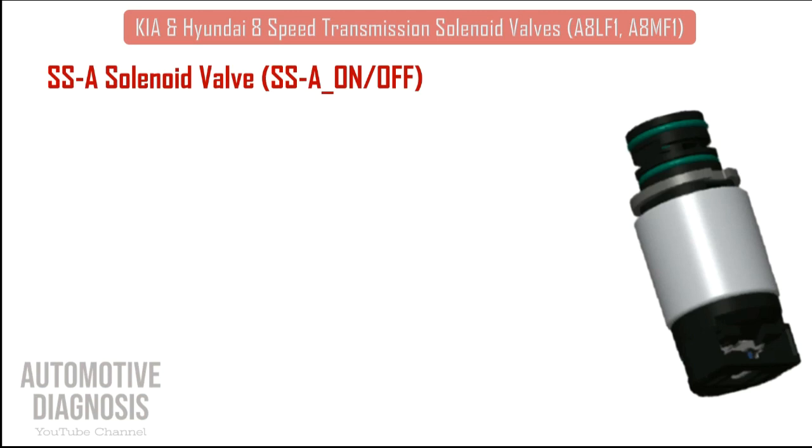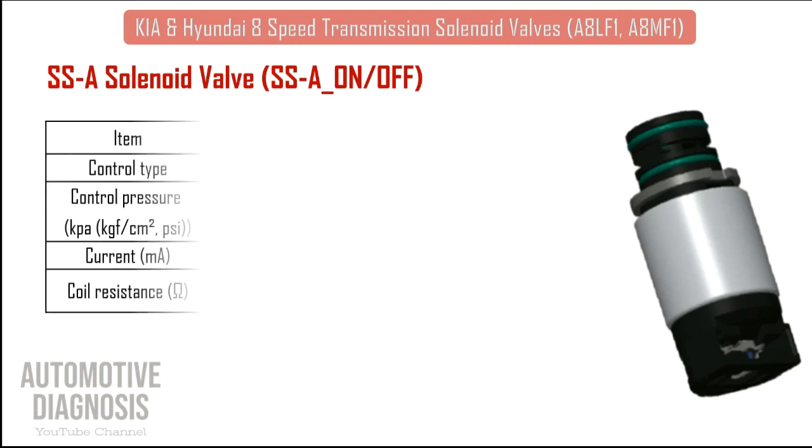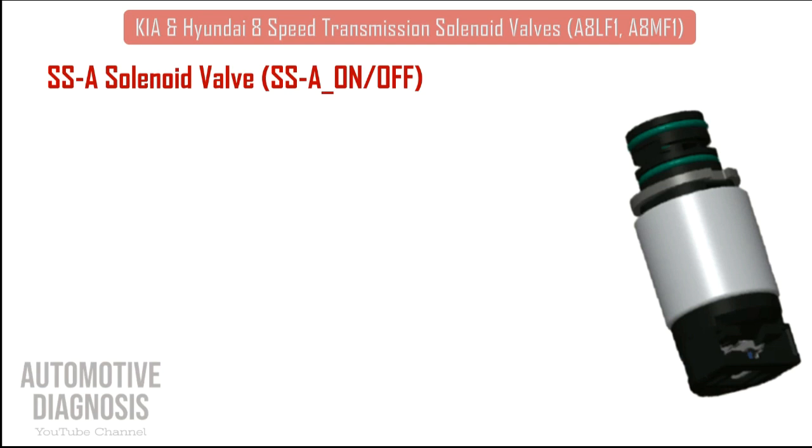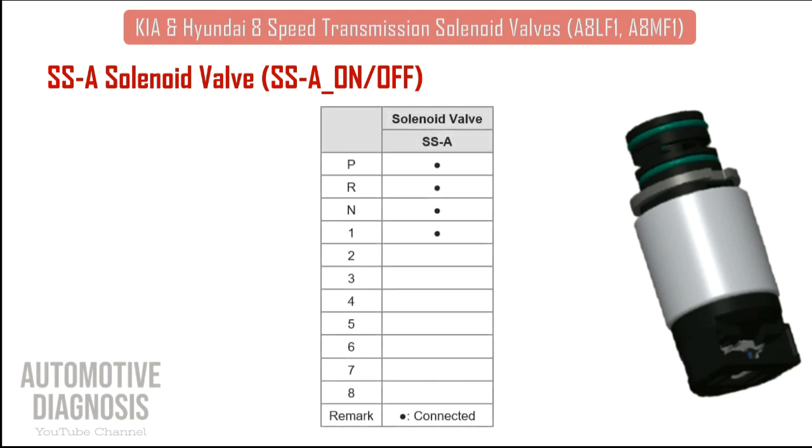We have another solenoid valve, the SSA solenoid valve. This one is actually an on-off solenoid valve. So the current is 9 to 16, and the coil resistance is between 10 to 11. The coil resistance for this one is different from any other solenoid valve on the valve body.